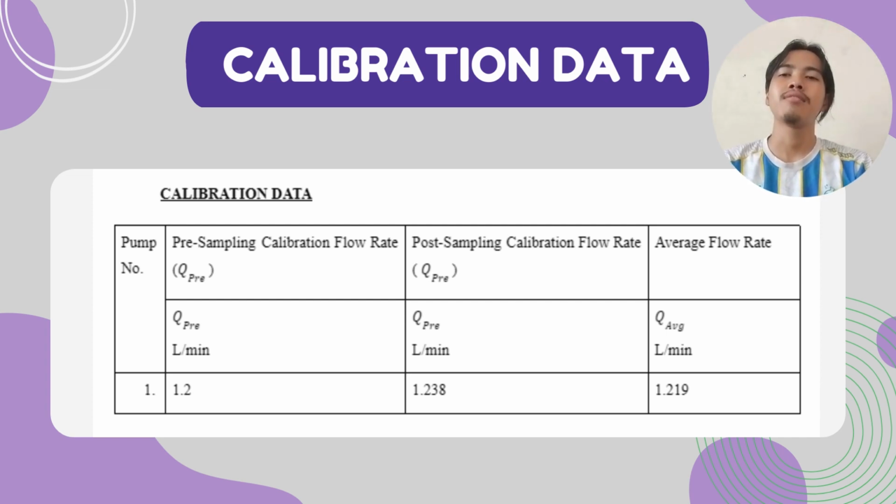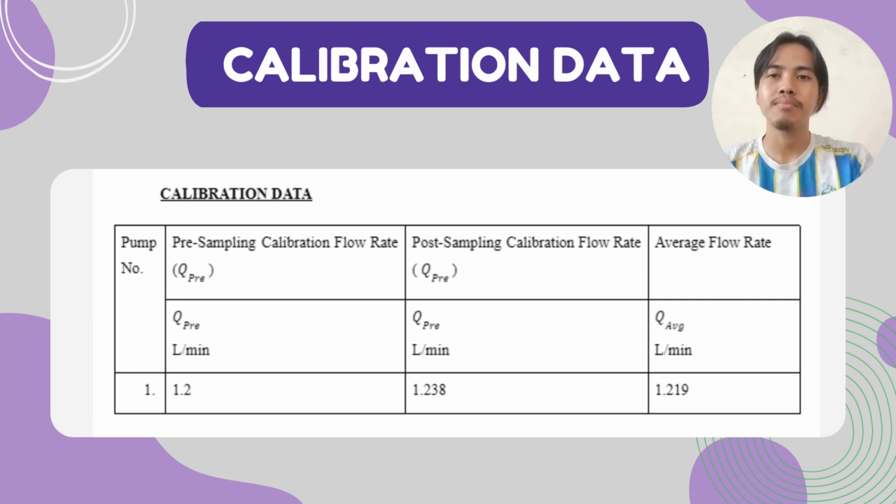And after we finished our assessment, we did the post-sampling calibration of the flow rate, and we got 1.238. For the average flow rate, we got 1.219 for both flow rates.